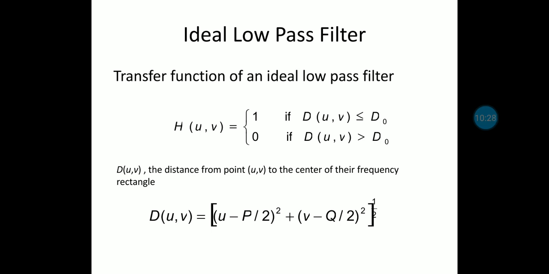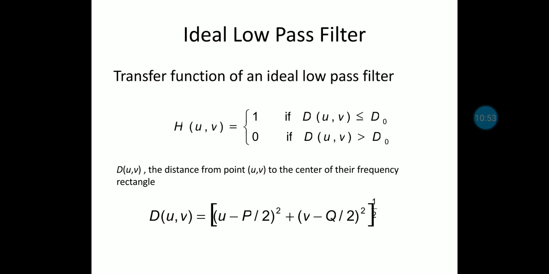So here D of u comma v is the distance from point u comma v to the center of the frequency rectangle. As we had seen with the distance measures, we had studied three different distance measures. One is Euclidean distance, second is chessboard distance, third is city block distance, isn't it?